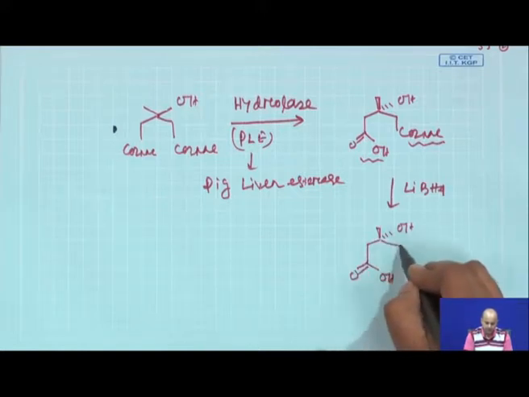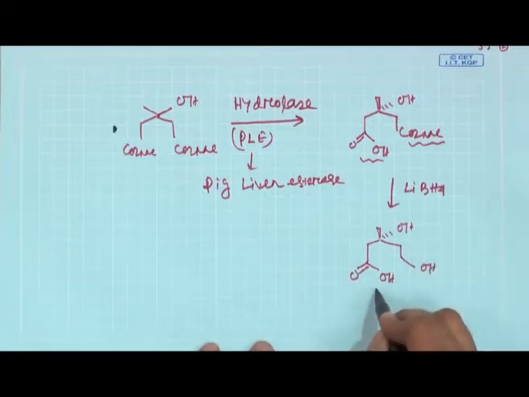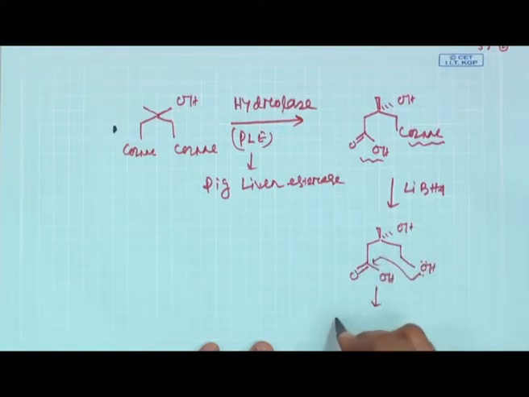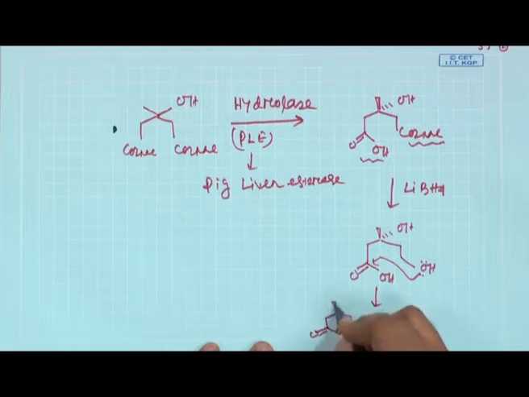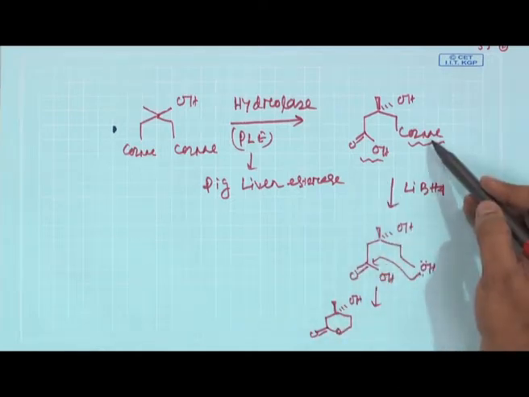So, the acid won't be touched and you get this compound. After simple lactonization, this will give you one of these lactones, whose structure is shown. Fine. In the second case, as I said, first we touch the ester.